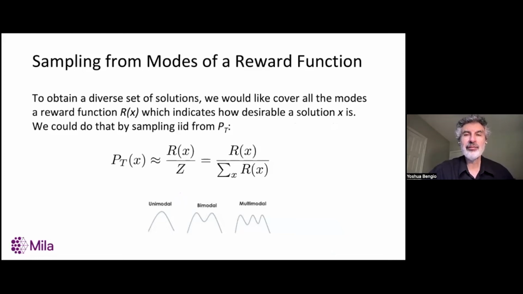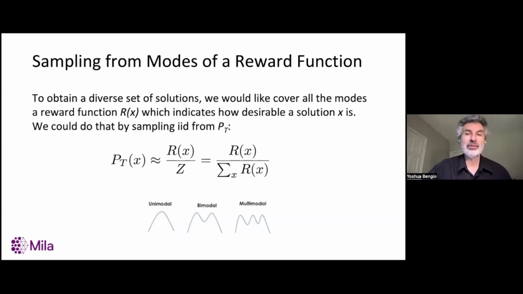So if we had such a function, for example, think of a neural net that predicts the affinity of a candidate compound with a target protein, we've got some proxy for what we care about. We have it maybe in the computer, or maybe it's actually a black box that's an experiment that's going to happen for real. But in any case, there is this black box function R of x, and we'd like to find the modes.